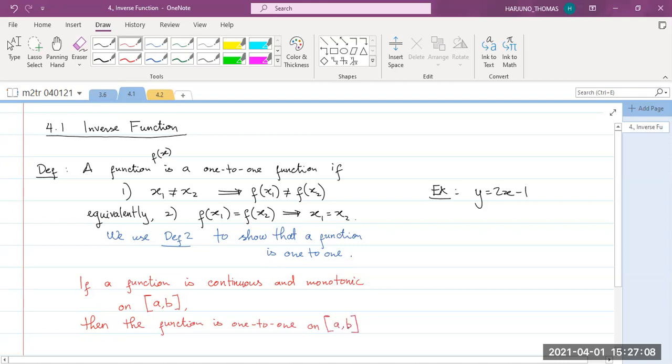Now the word monotonic means increasing or decreasing. Decreasing all the way in that interval, or increasing in that interval.